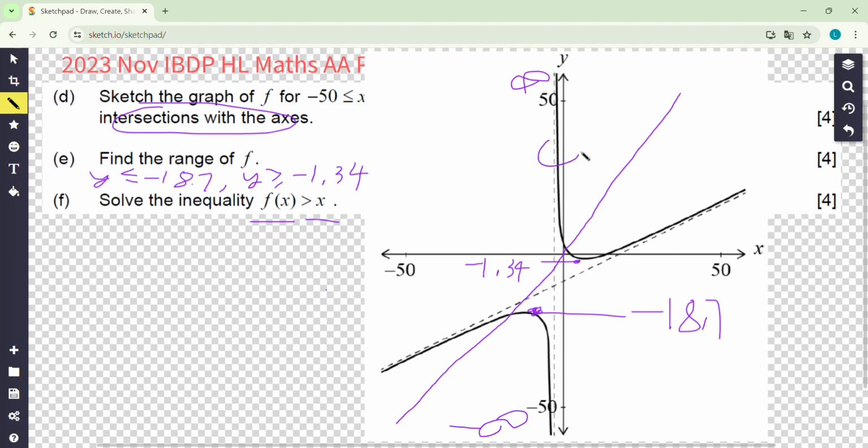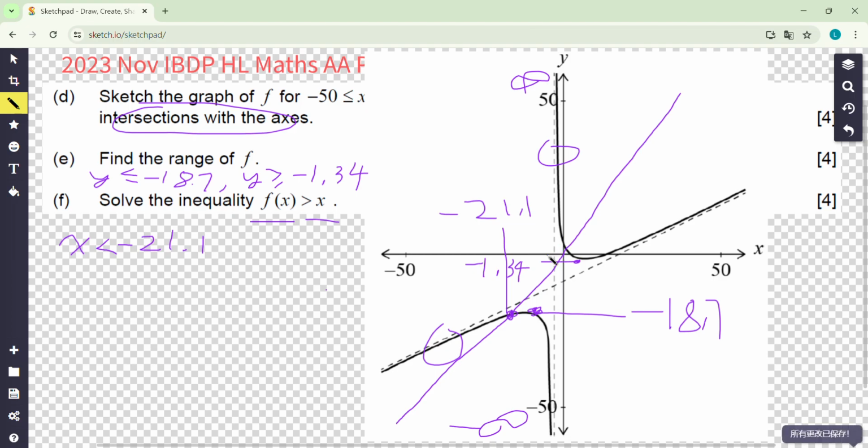So above it, this part and this part. You have to find the value of x, so find the intersection point of this one. Using the calculator, you can find it is negative 21.1. For all x values, because there is no equal sign, less than negative 21.1 is okay.